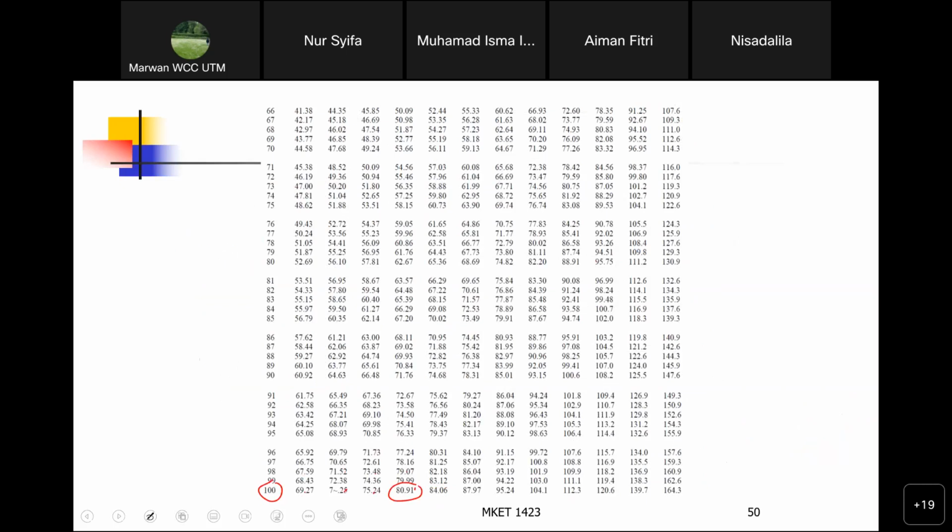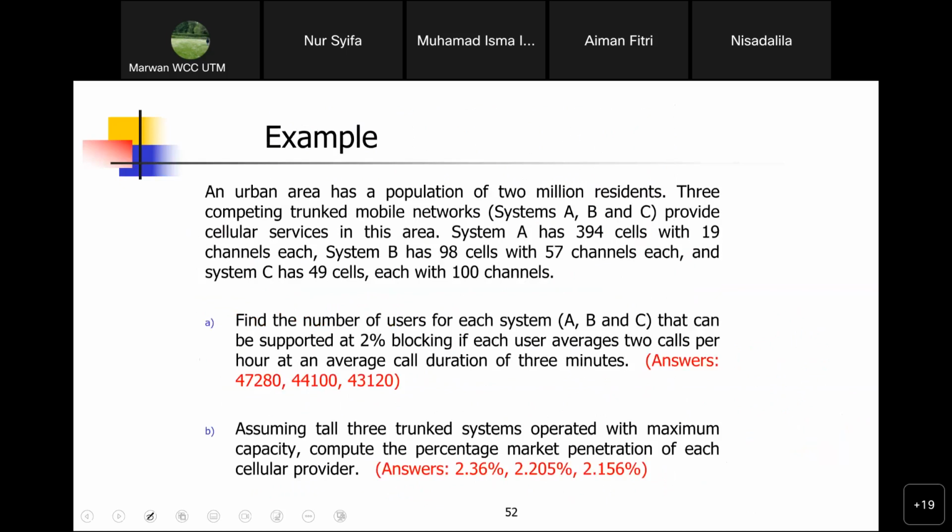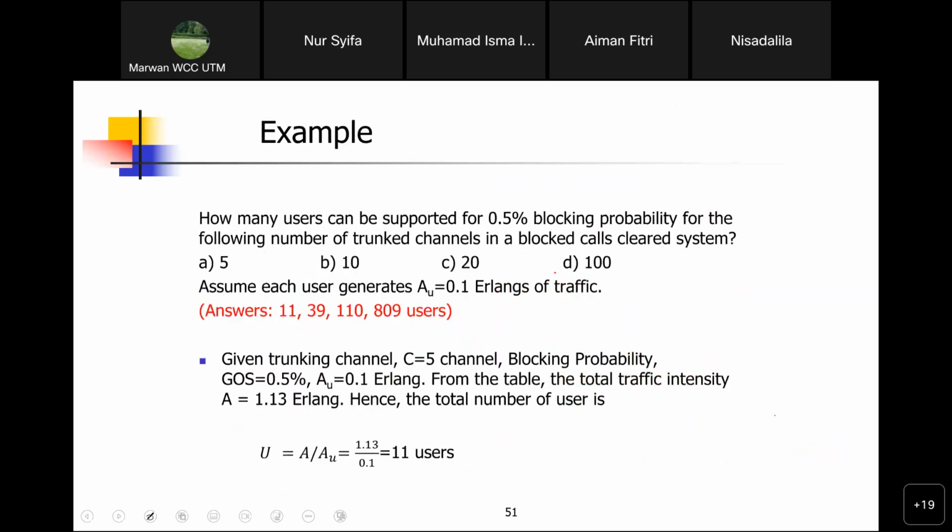So the traffic intensity for 100 channels is 80.91 Erlang. We can see that for 100, A is 80.91 Erlang, and AU, one user, is using 0.1 Erlang.